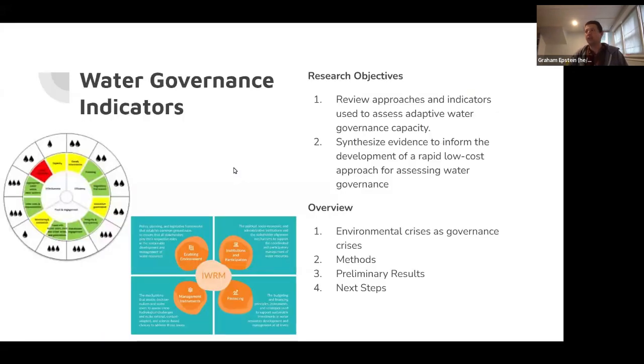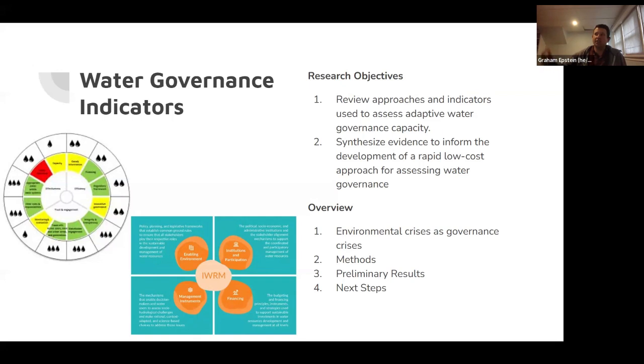So a little bit of an overview of what I'm going to talk about today. First, I'm going to build upon our systematic review to review the different approaches that are being used to measure indicators of adaptive water governance capacity.